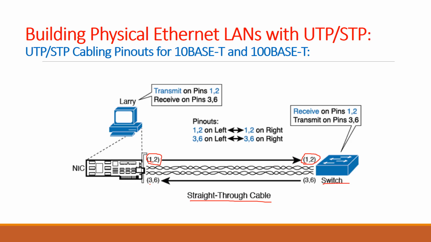And similarly, the network interface card uses pins 3 and 6 for receiving, and the switch uses 3 and 6 for transmitting. That's why we use straight through cabling to connect one here to one here, and two here to two here, and three here to three here, and six here to six here, which will be a straight through cable.